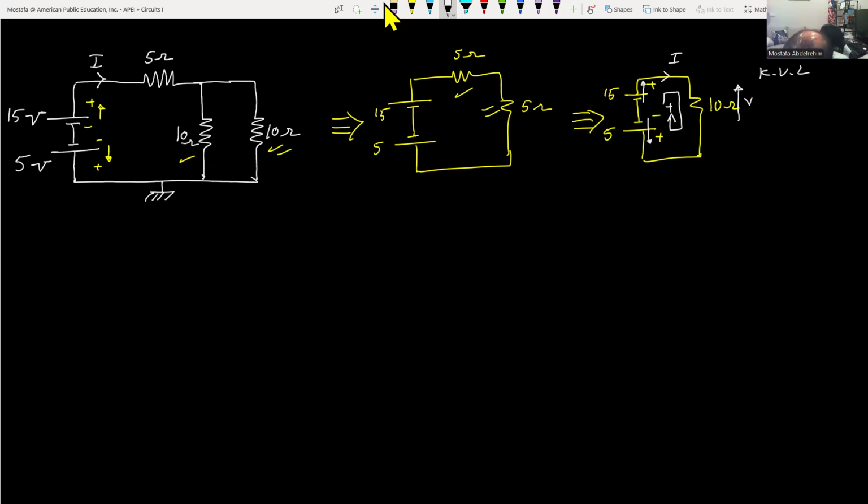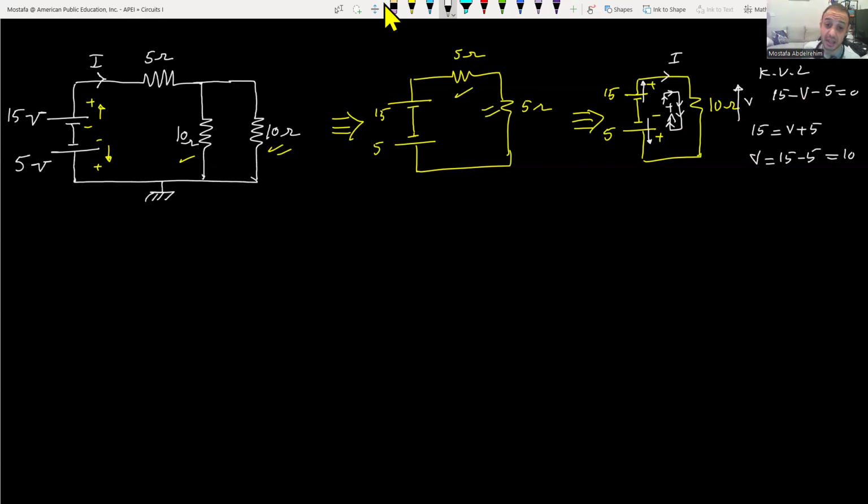So this is going up, like the 15, so the 15 will be positive. Now this is going down while V is going up, so minus V. And this is going down, while the direction is going up, so minus 5. This is equal to 0. So from here, 15 equals V plus 5, or V is equal to 15 minus 5, which is 10.